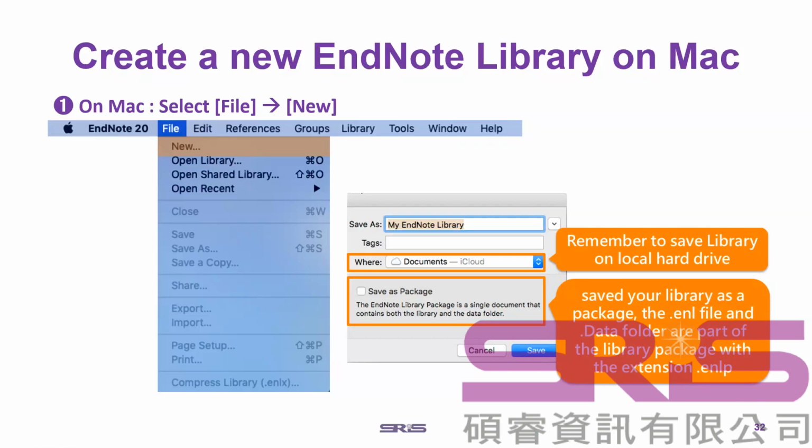In Windows, you don't have this option, but if you save this .enlp to your Windows, that is okay. That is compatible. It's just like a folder that contains your ENL and your data folder. So that's okay if you want to save as a package on your Mac computer.